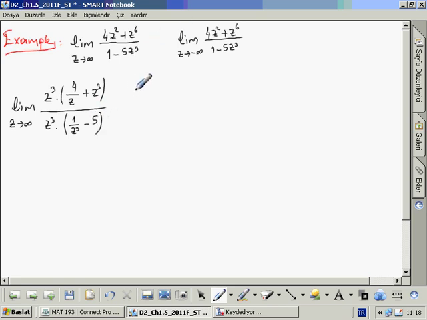And this portion will be cancelled again, and then it's equal to the limit as z goes to plus infinity of 4 over z plus z cubed, over 1 over z cubed minus 5.